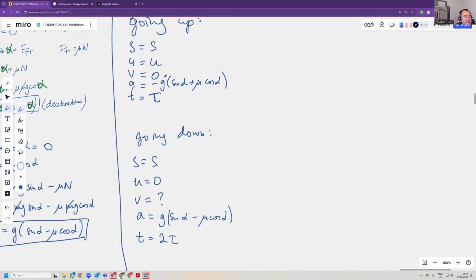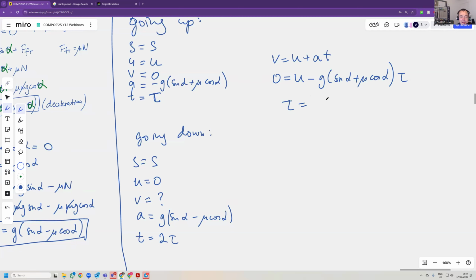Let's say we find tau from here. We have final velocity equals u plus at. So the final velocity is 0 equals u minus g (sine alpha plus mu cos alpha) times tau.